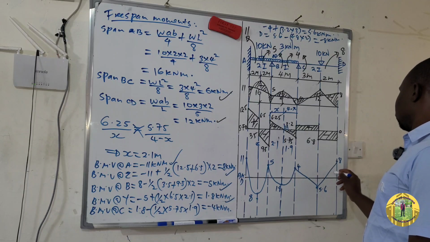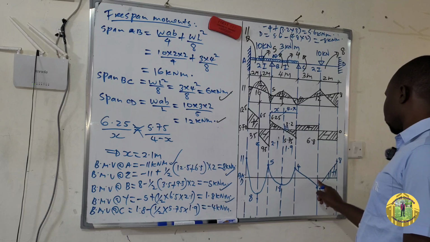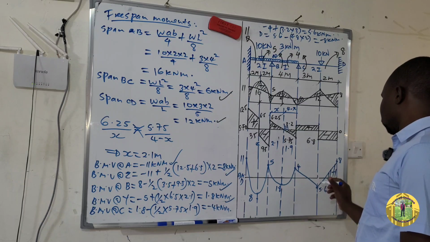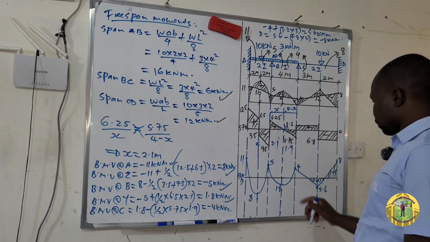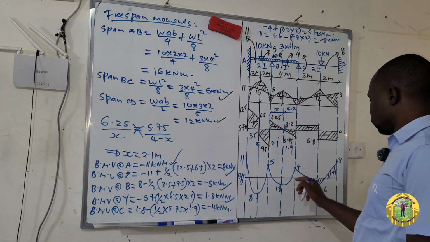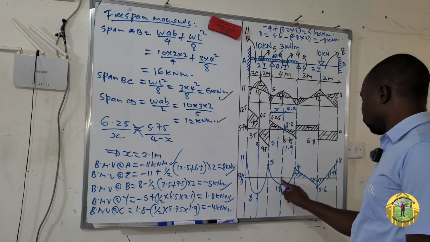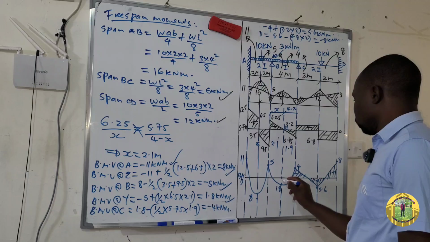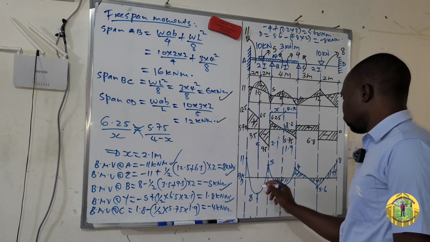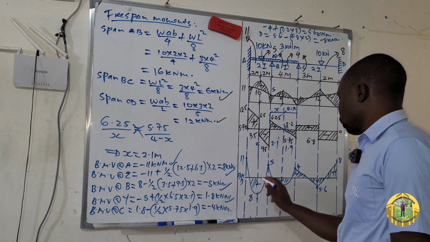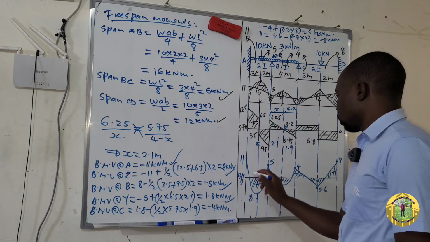So this is negative, this is positive, this one is negative, this one is positive, this one is positive, this one is negative, this one is negative.